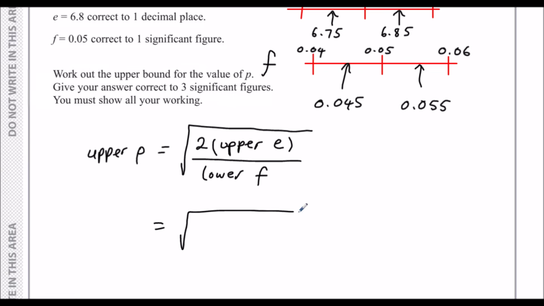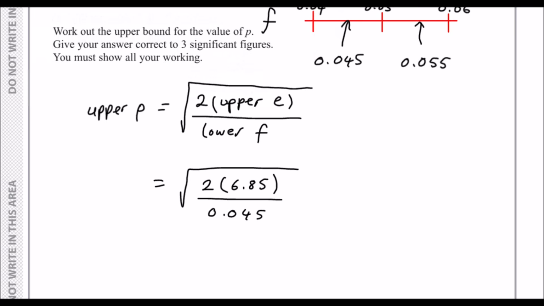So that's the square root of 2 times upper E, 6.85, divided by lower F, 0.045. So let's just type this in the calculator.